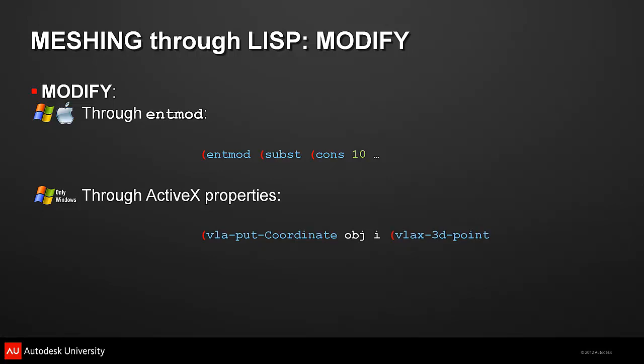If we use the AutoLisp endMake function to make them, we can use the AutoLisp endMod function to modify their geometry by transforming their vertices. endMod is available both for the Windows and Mac versions. Windows users can also do this using the properties exposed by the ActiveX interface. But our demonstration will rely on the classic AutoLisp way, which is available both for Windows and Mac users.